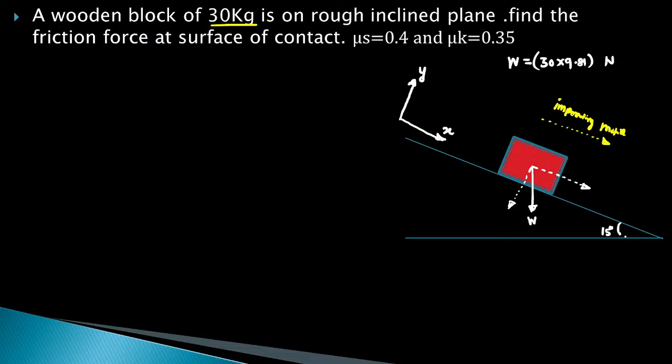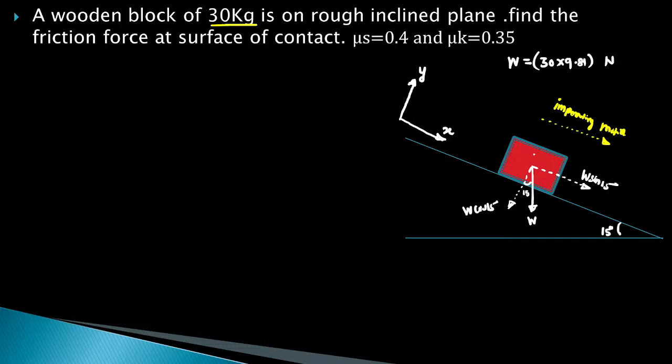As this angle is 15 degrees, the y component makes an angle of 15 degrees with the force vector W. W is acting exactly in the downward direction. Now you can write the components. The y component is adjacent, so its value is W cos 15, and the x component is W sin 15.